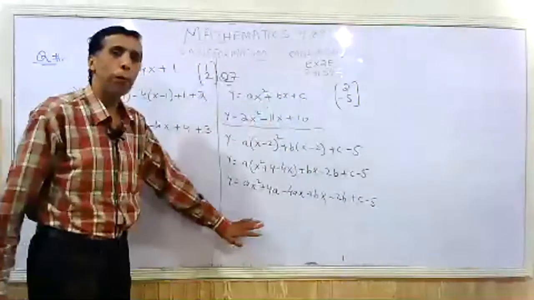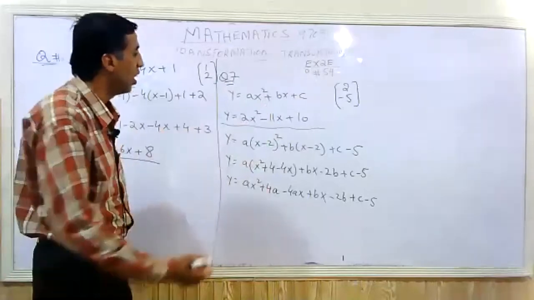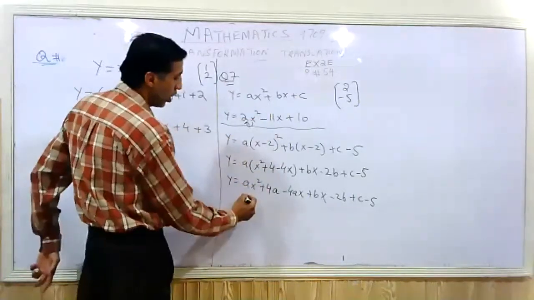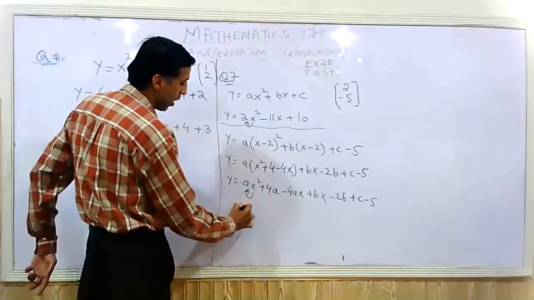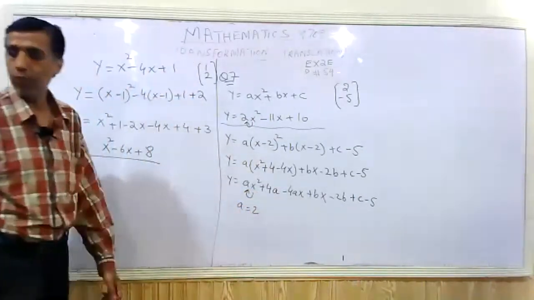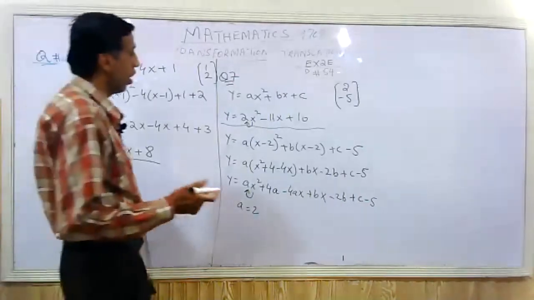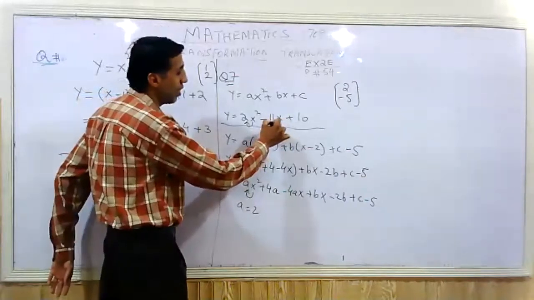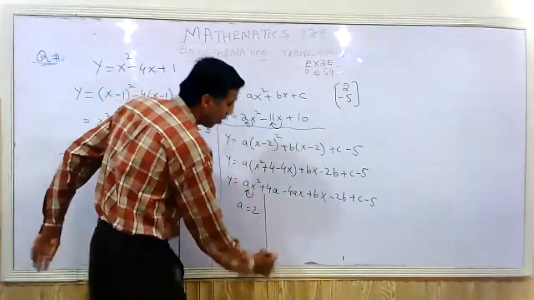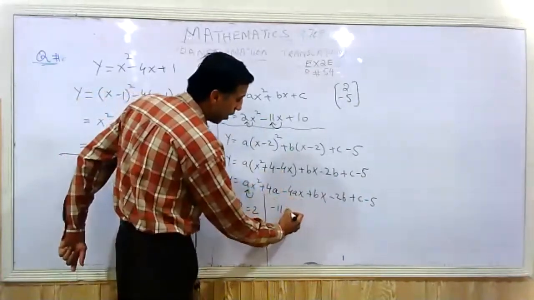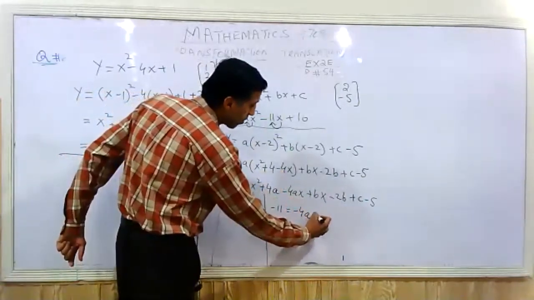Now we have to compare this equation to the image equation. The coefficient of x squared is 2 here, and the coefficient of x squared is a, so the value of a would be 2. Now the coefficient of x is minus 11 here, and here it is minus 4a plus b.